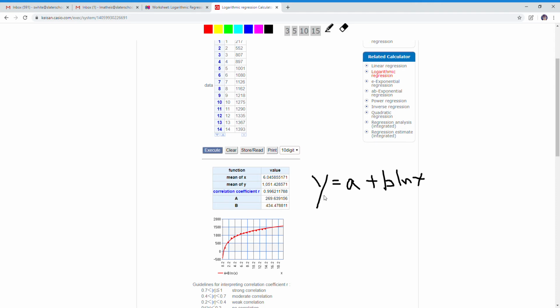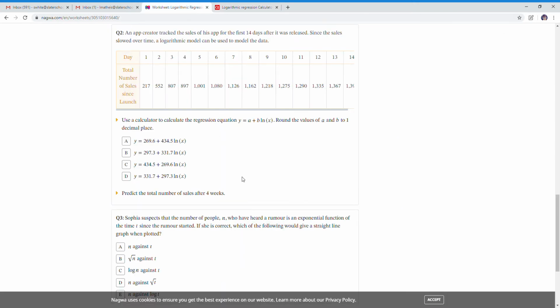So this would look like y equals 270 plus 434 ln x. I'm going to go back over to the original question and see if we have one of these that matches, and we do. A here is exactly what we were looking for. They rounded it to the tenths, and that's perfectly fine. So that's the answer to the first part of this question.